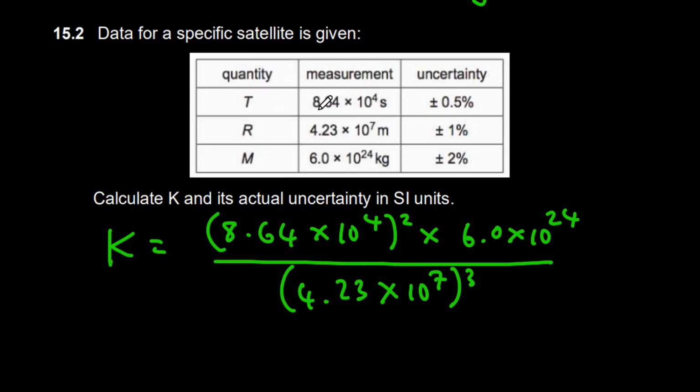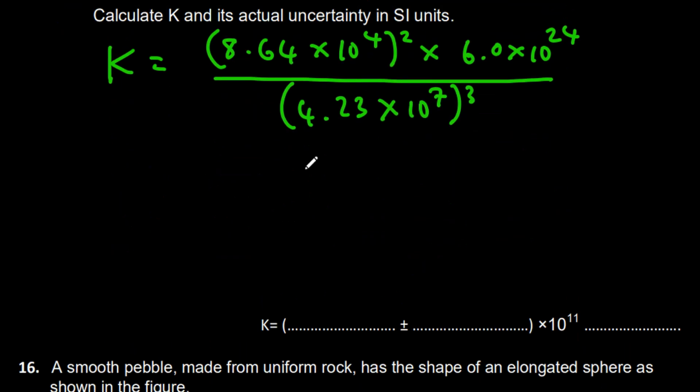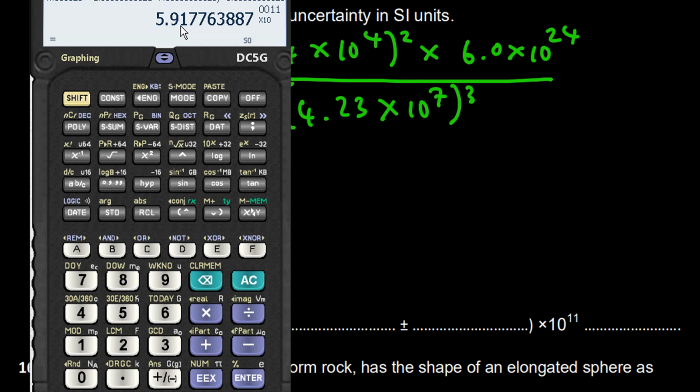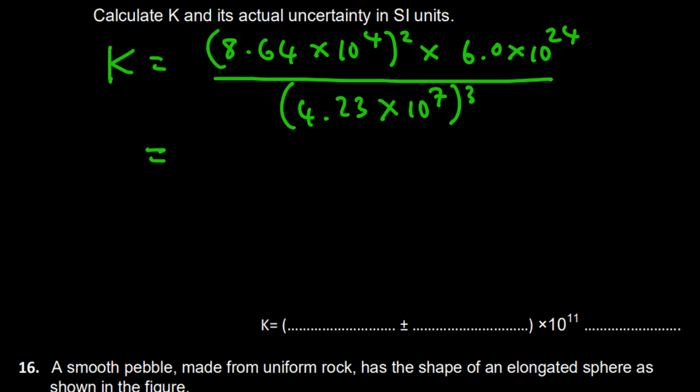Now, what's important to note, the data that we used in this calculation has a least number of significant figures of 2. So the least number of significant figures in these values will be 2, and hence our answer will also be given with 2 significant figures. So 5.9 times 10 to the power of 11.